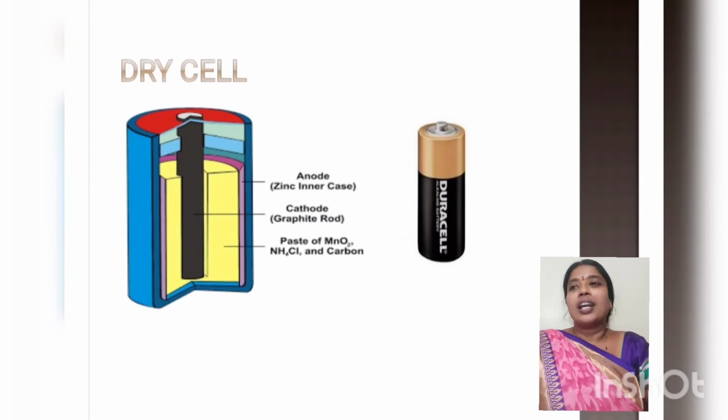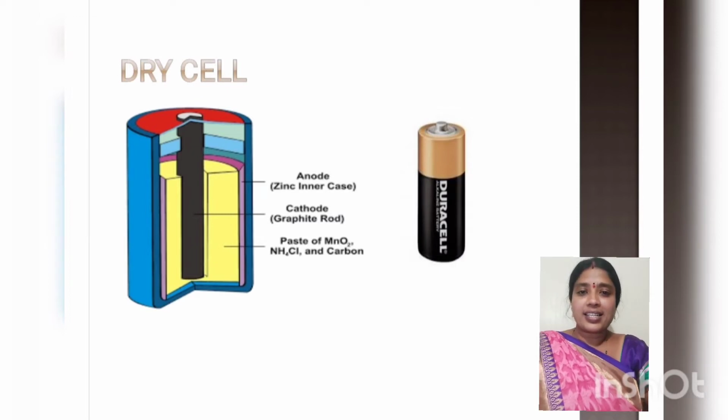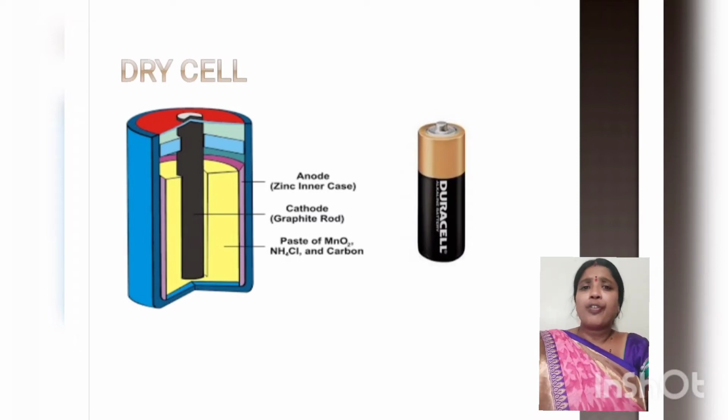Internally, how is that dry cell made and what constituents or ingredients are present which make the flow of charges, or which constitute the flow of current? But you need to be very careful. Don't try it without adult supervision, because all these ingredients are very toxic and harmful substances for us. So don't ever try to do it without any adult supervision.